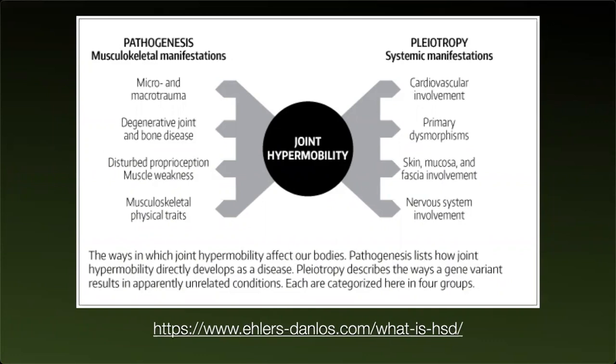This is the big umbrella term for all hypermobile individuals. Regardless of the genetic reasons why you might have it, these are often the most common places that symptoms manifest. That's a nice graphic to help describe that.